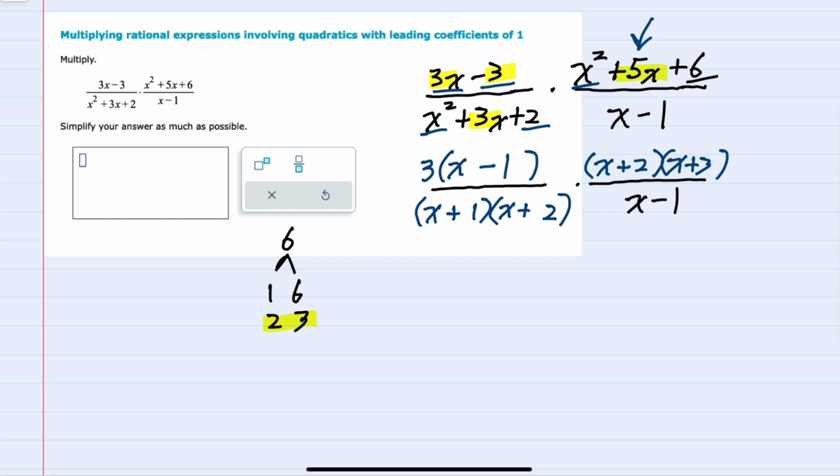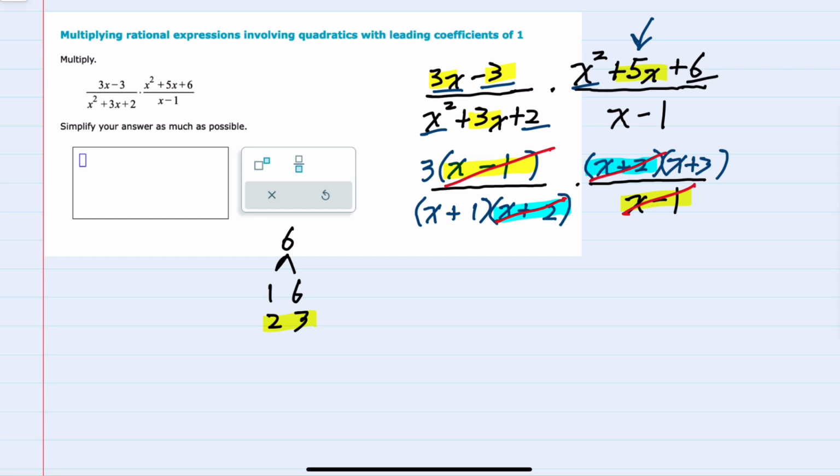And from here, I can start looking for like terms that I can cancel. I can see that in the numerator, there's an x minus 1, and in the denominator, there's an x minus 1. So those terms will cancel. I can also see that there's an x plus 2 in the numerator and an x plus 2 in the denominator.